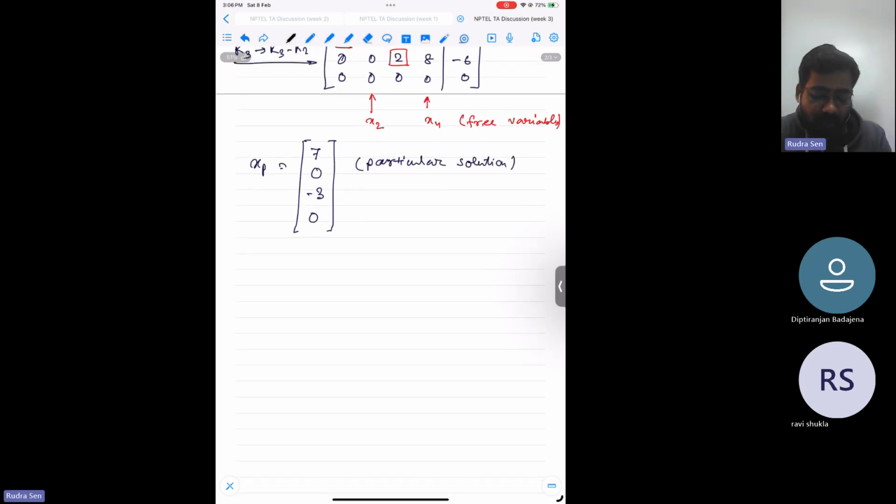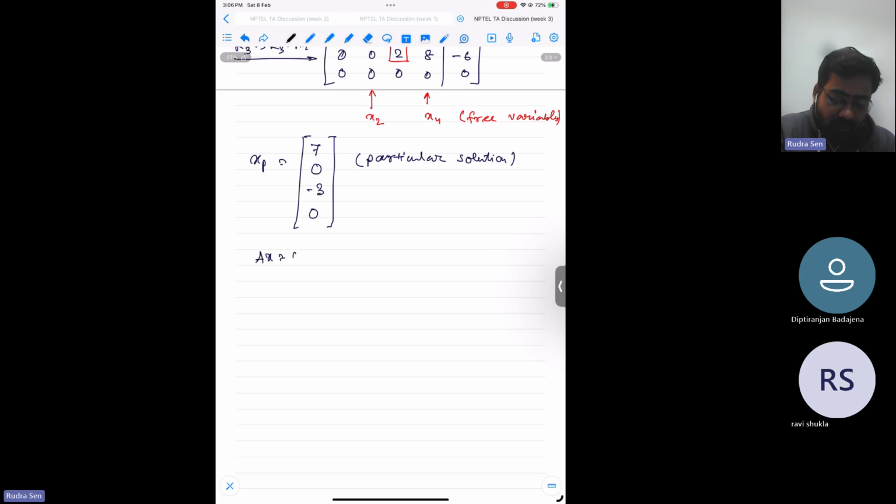Now we have to find the null space solution. The null space solution means we have to find the solution of Ax equals 0.